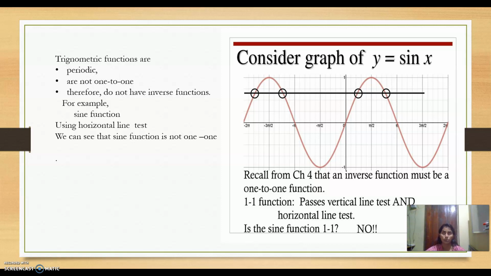In section 6.1, we studied the one-oneness of a function. By drawing the horizontal line test, we can see whether a graph is one-one or not. How can we test that? Draw a line parallel to the x-axis. This is the horizontal line test.